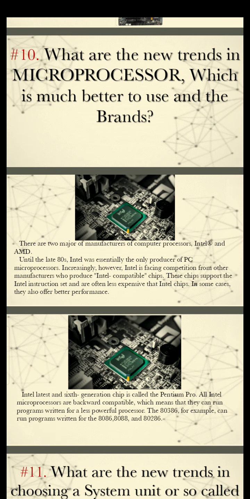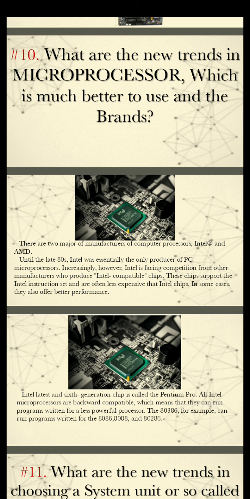Question number 10. What are the new trends in microprocessors, and which brand is much better to use? According to my research, there are two major manufacturers of computer processors, Intel and AMD. Until the late 80s, Intel was essentially the only producer of PC microprocessors.